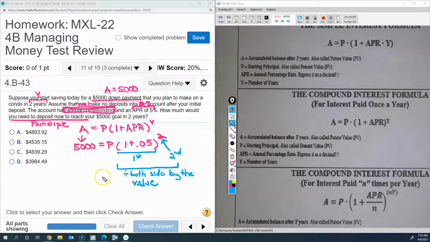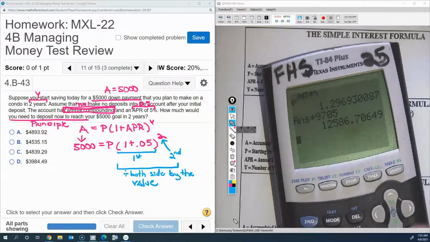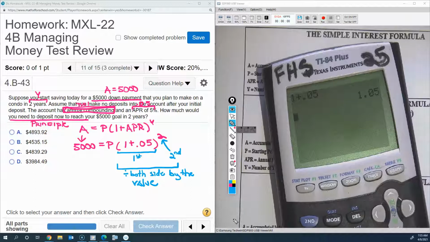All right, so when I do that on my calculator, I got 1 plus 0.05, to the second power. Okay, so I'll write it over here.